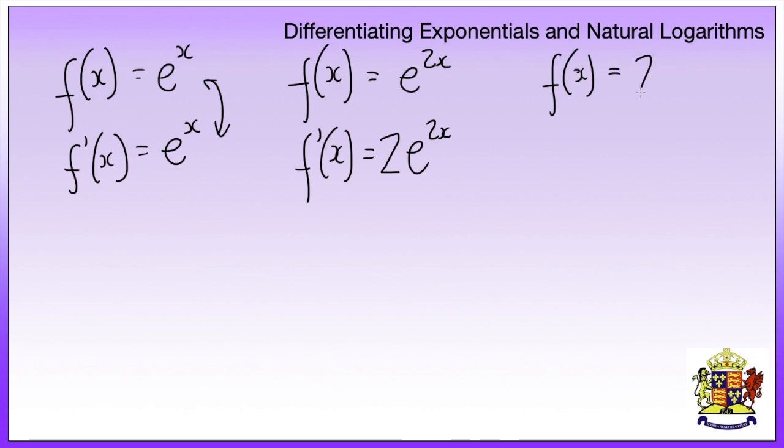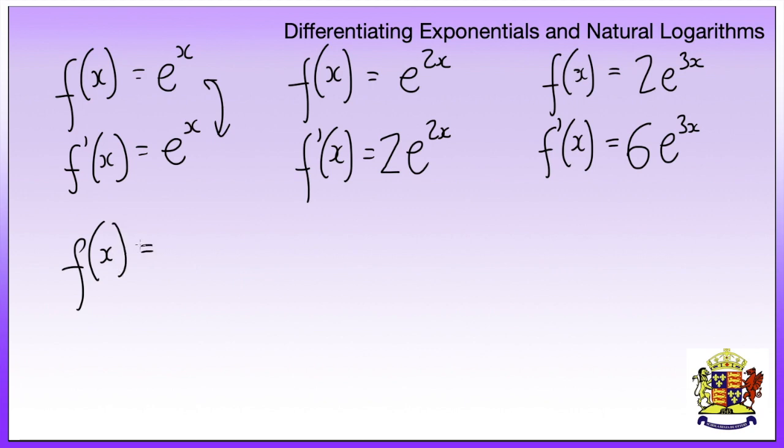Another example, if I have 2e to the 3x, well then the first thing I do is I write e to the 3x. Then I think about differentiating the power. So the power is going to become 3. 3 times 2 is 6.